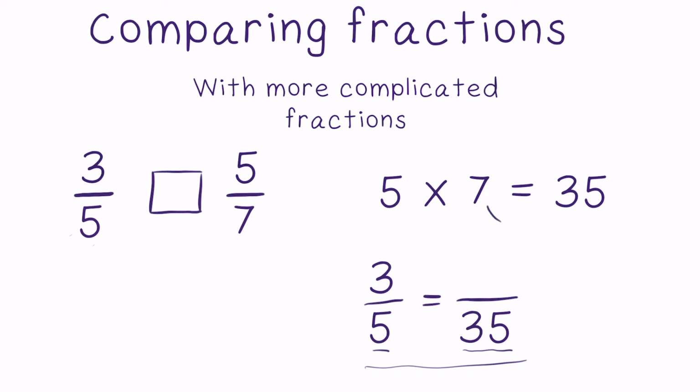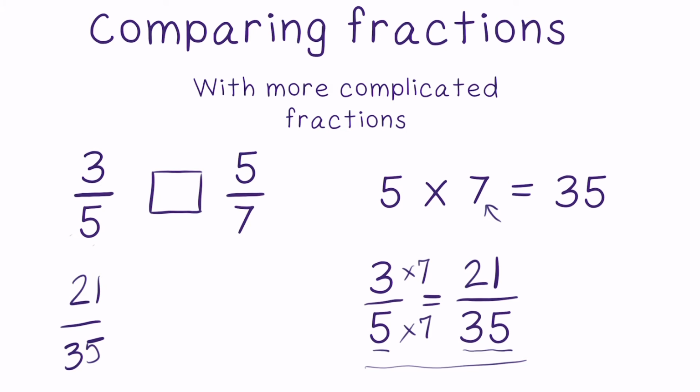And we can determine, okay, 5 times 7 equals 35. Because 5 times 7 equals 35, in order to find the equivalent fraction, we have to perform the same operation with the numerator as we did with the denominator. So we will multiply 3 times 7. And we know that 3 times 7 equals 21. And so the equivalent fraction of 3/5 is going to be 21/35.